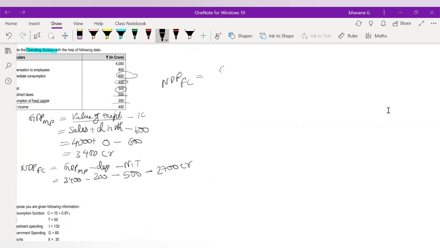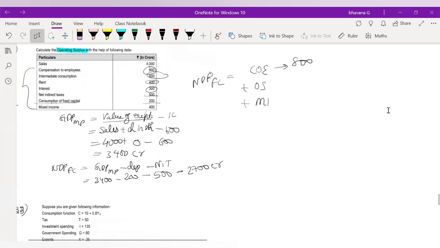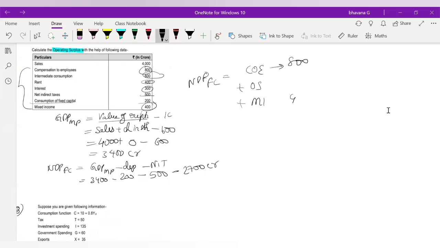Now how do you find out NDP-FC using your income method? It is compensation to employees plus operating surplus plus mixed income. First we'll find compensation to employees, which is 800. Mixed income is 400. So this is 1,200.